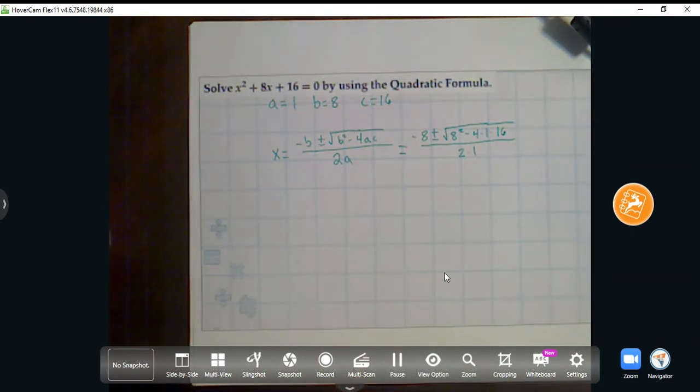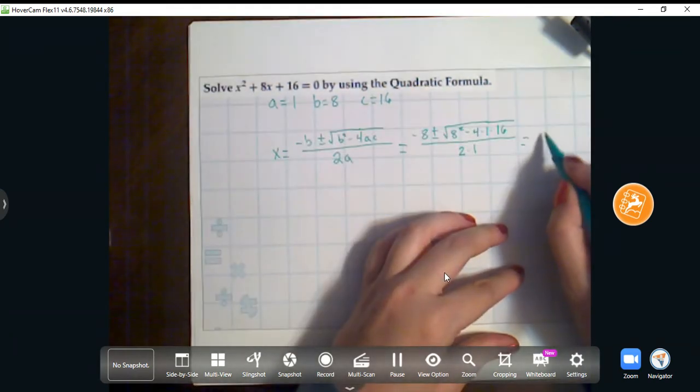So this time the negative is going to stick. So we just have negative 8. And then we have our plus or minus. Then we have the square root.